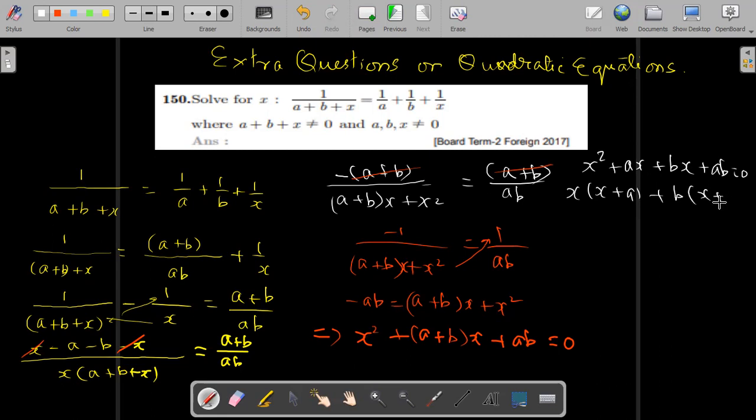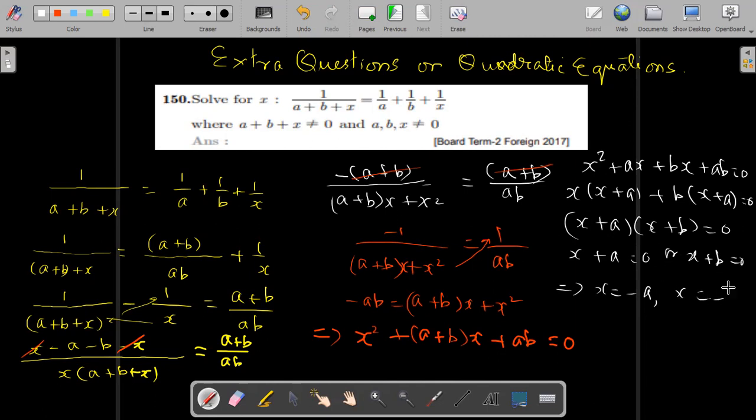So x plus a is common, then x plus b is left, equal to 0. Equating both to 0, x plus a is equal to 0 or x plus b is equal to 0. So we get x is equal to minus a and x is equal to minus b.